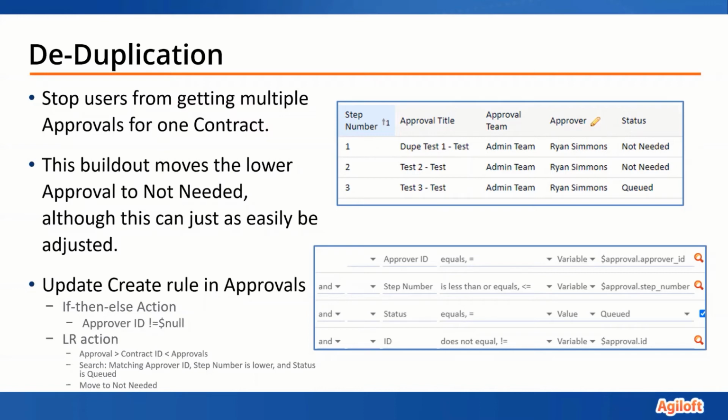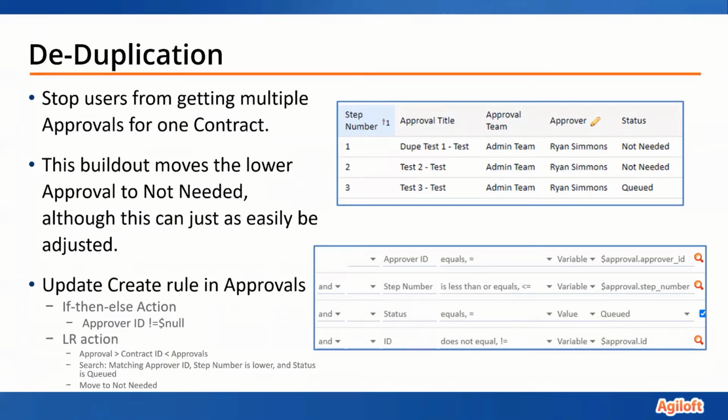So this will be an if then else action that only runs when there is an approver, so when the approver ID is not null. Then we will use a linked record action that goes from the approval to the contract ID and then back down to all of the approvals. There is a filter, so we only select approvals that match on approver that have a lower step number or equal to, you can do.